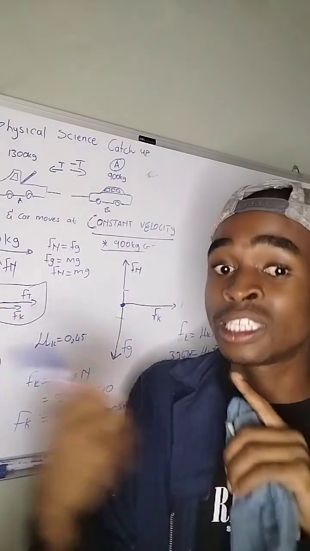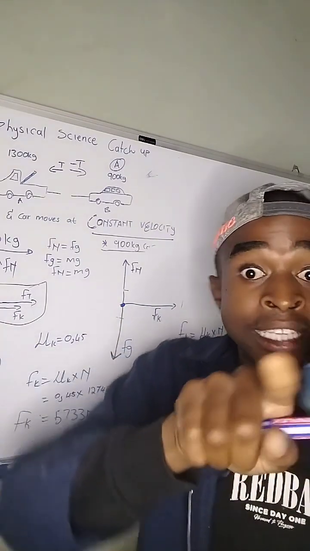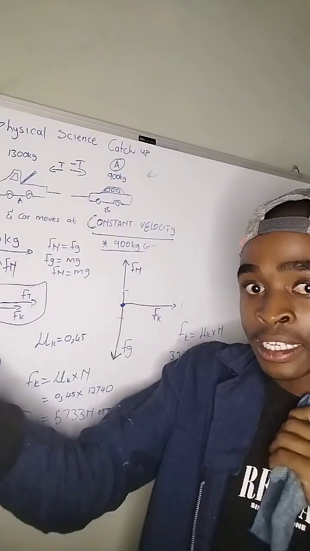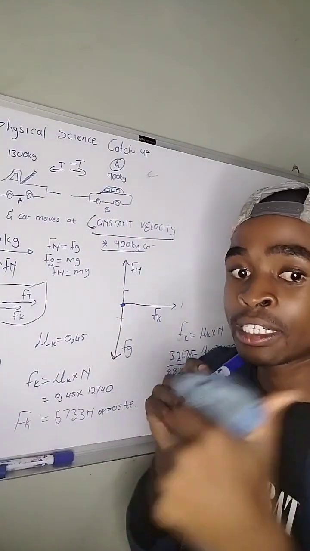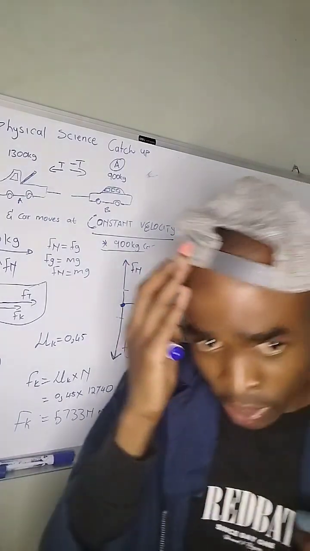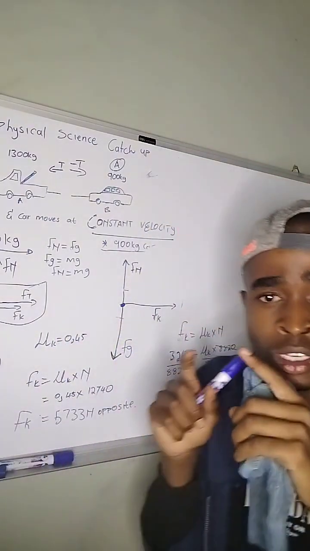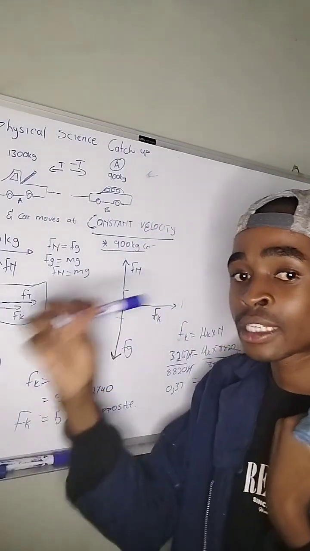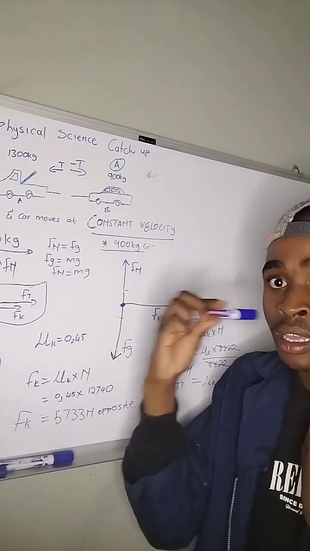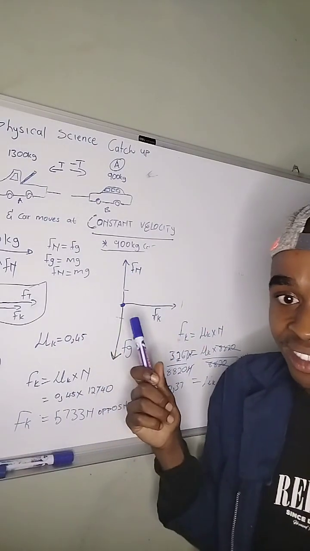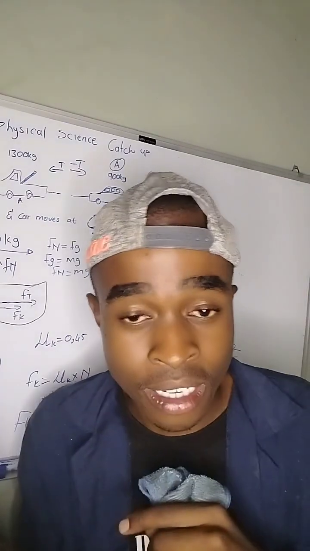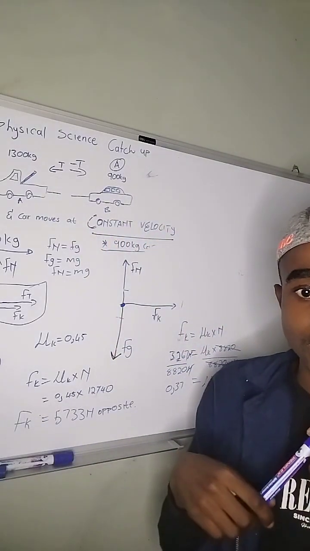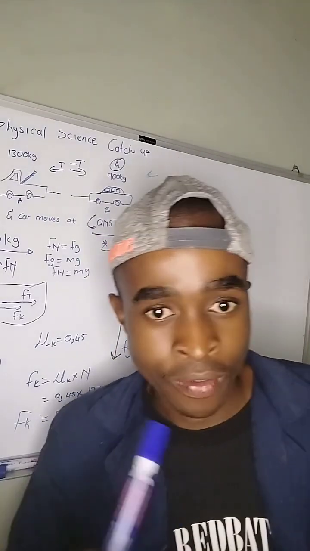The moment it starts to decelerate, this object is decelerating, it means there is an acceleration. Due to this friction, it is now accelerating in that direction. So there is an acceleration, but because of inertia, it will eventually stop.